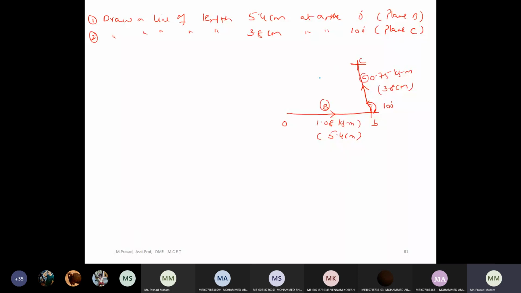What I am doing here, I don't know how much length I need to draw. Just I have drawn it with a dotted line. Now with respect to this, the angle is 190 degrees. This is for plane A. So I don't know the length. Just I am writing it as 0.08 MA.